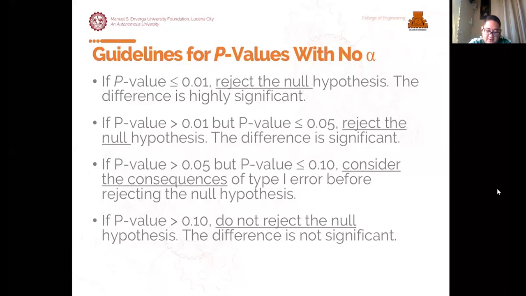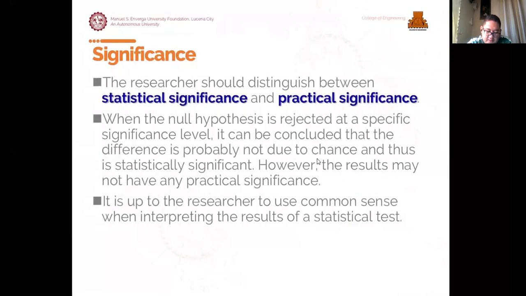If p-value is greater than 0.01, but p-value is less than 0.05, reject yung null hypothesis. So, basically, kung alam mo naman gumamit ng figure, you don't need to focus on this one, no? Pero ito daw ay kapag ano lang, kapag walang given na alpha. Okay? So kapag walang given na probability of type 1 error. Okay? Then to, ano lang yung significance, kung ano ibig sabihin.